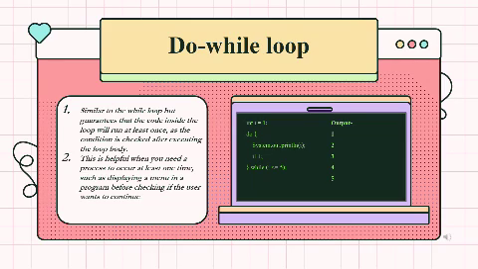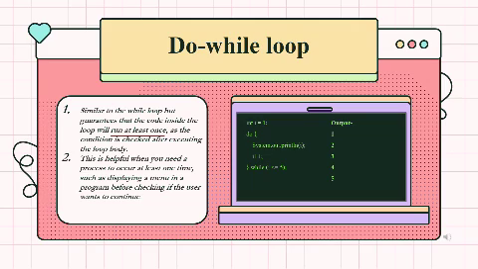The code inside the loop will run at least once because the condition is checked after executing the loop body. If the condition is true, then the loop execution will continue again, and if the condition is false, then loop execution will be stopped.